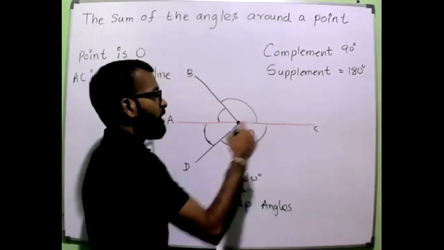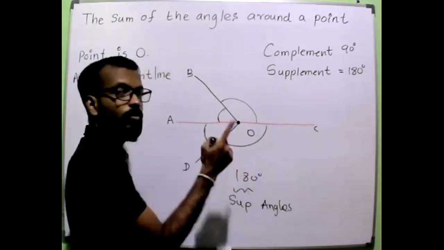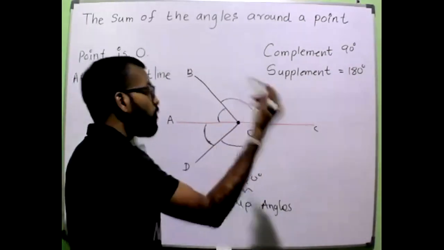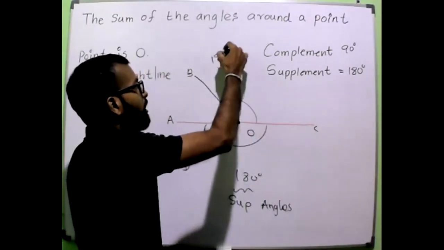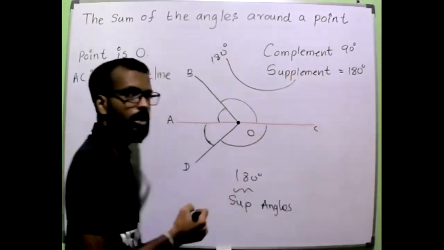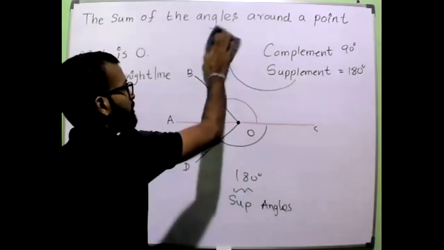AOB plus BOC angles are also on this straight line. If you add AOB plus BOC, it will give you again 180 degrees. That means again supplementary angles, right? Now keep that in your mind. Please draw this.